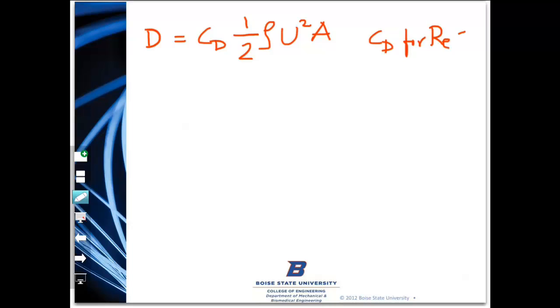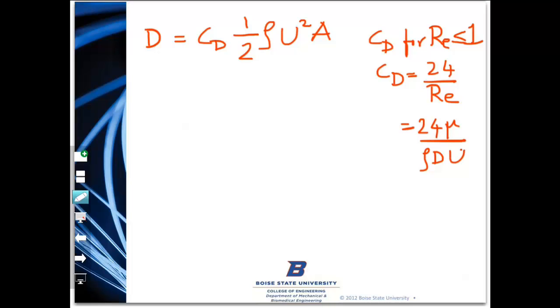which is D. So drag, like in the previous problem, is the coefficient of drag times half the density of the fluid, u squared, times the cross-sectional area, and for Reynolds number less than 1 for a sphere, CD is 24 over the Reynolds number, and we are given what the Reynolds number is defined as, so substitute that.